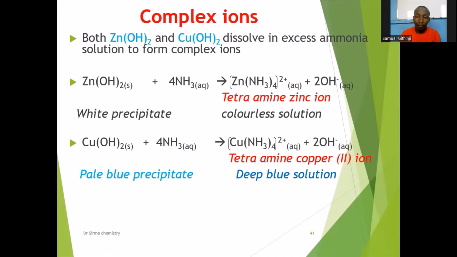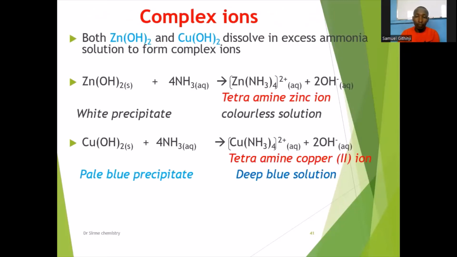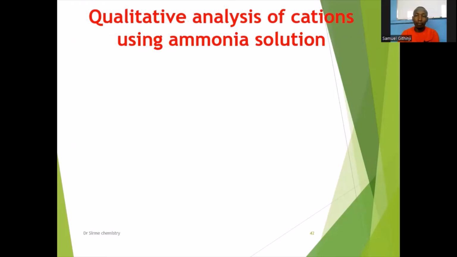Tetraamine copper 2 ions are formed, the deep blue solution there. Good. I hope you are able to see that, my student. You can even draw those complex ions. Qualitative analysis using ammonia solution, as I've just said, is very important when it comes to the analysis of cations in qualitative analysis.